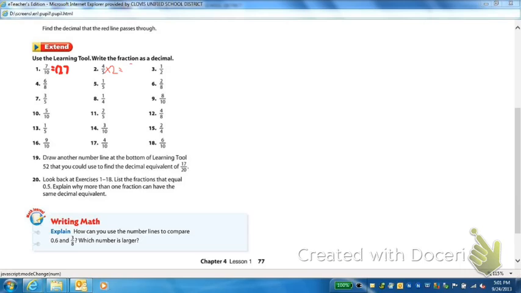So 4 times 2 is 8. 5 times 2 is 10. So my answer would be 0.8. 1/7 is just going to be 0.4. 1/4 would just be 0.3. 4/8 reduces to a half, which equals 0.5.